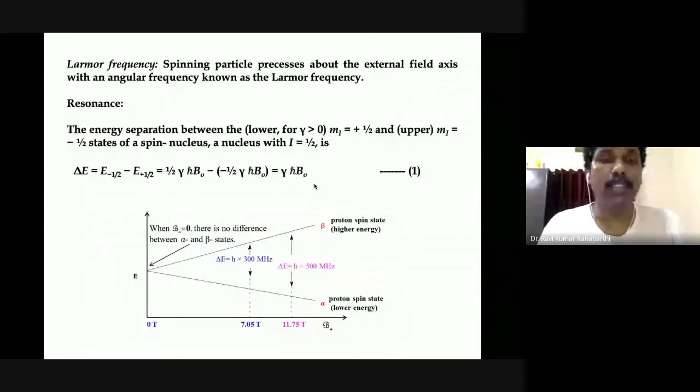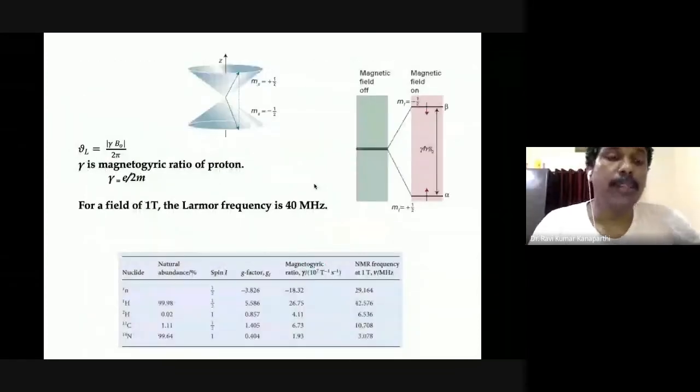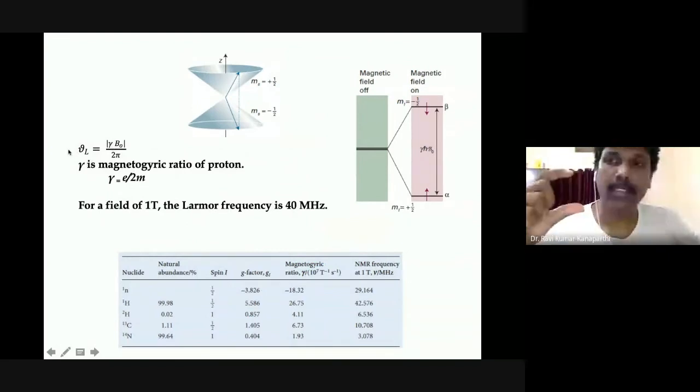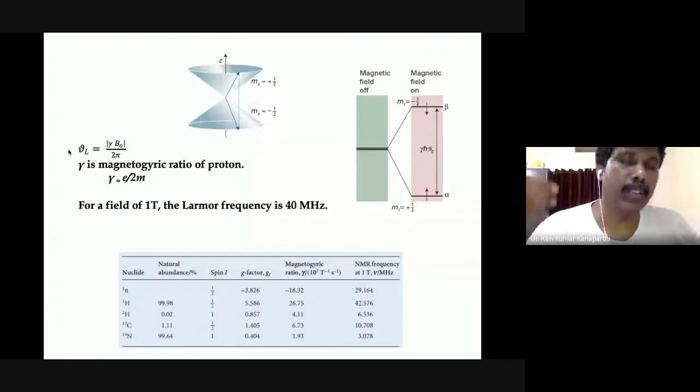So for the frequency condition, h nu is equal to delta E. Delta E is nothing but the energy gap. If that matches h nu, which is the incident photon, nothing but the radio frequency photon, then if the radio frequency is supplied, we have the resonant condition.